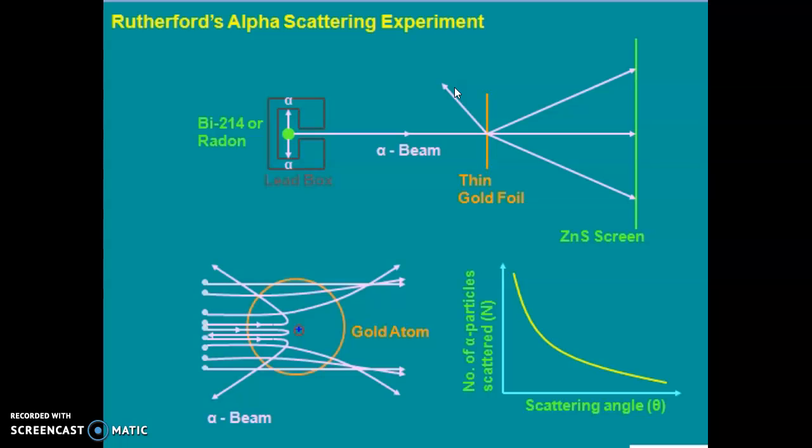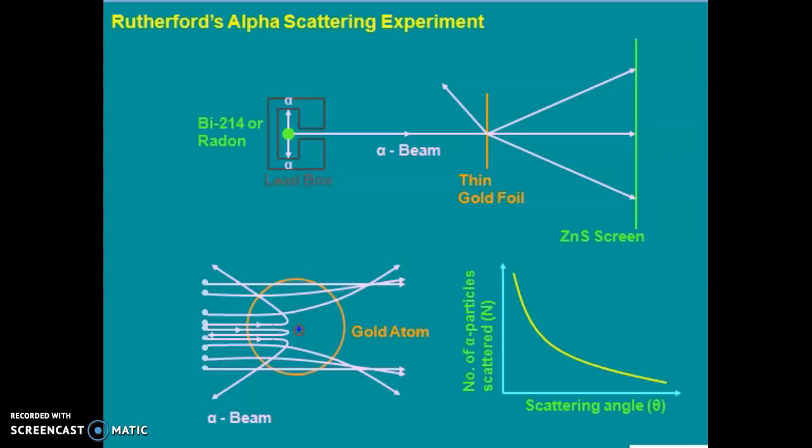Here we analyzed this ZnS screen and found that some of the alpha particles suffer huge deflections. Alpha particles carry positive charge. This means that there might be some positive charge which is repelling the positive alpha particles.